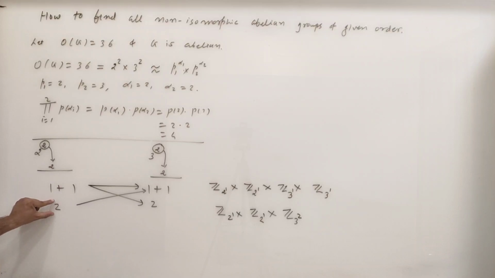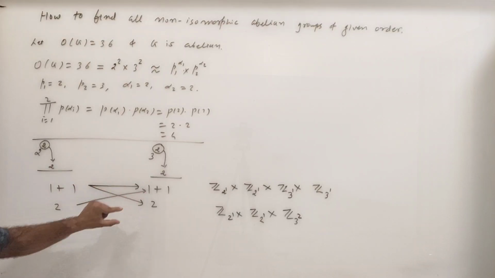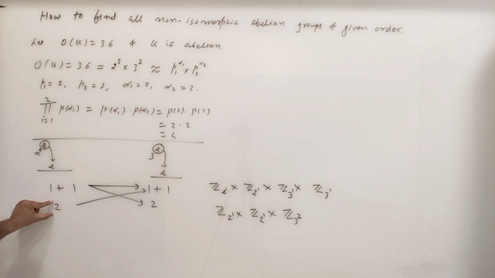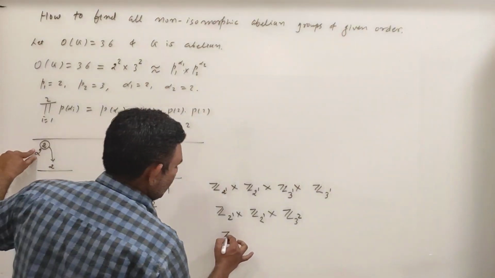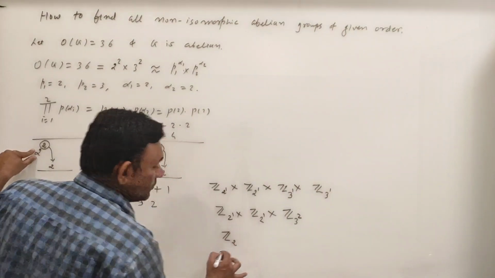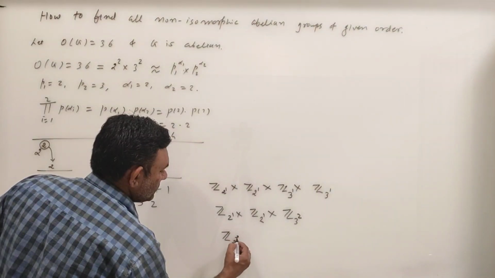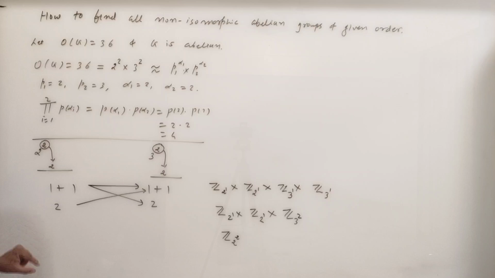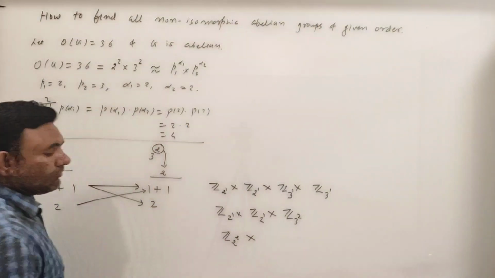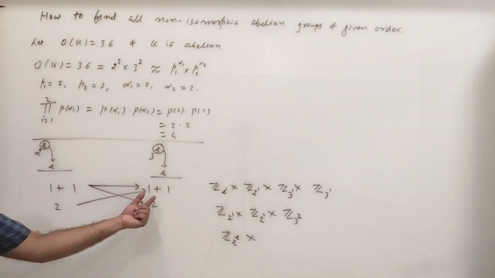So this partition and this partition. So corresponding to this partition, this 2 is a partition of this 2, and the base of this 2 is this prime 2, so it is Z2, and power should be this one 2, so it is 2, cross 1 plus 1.